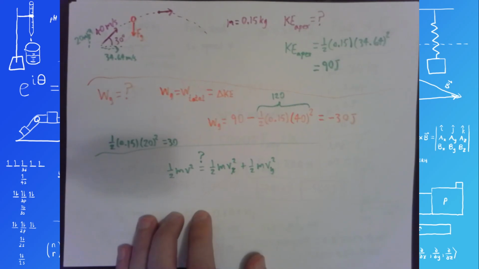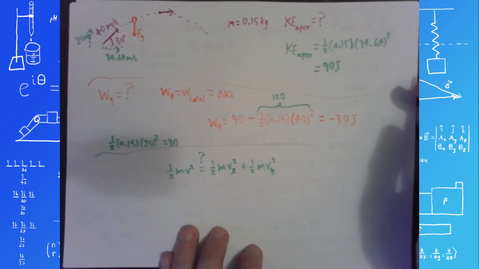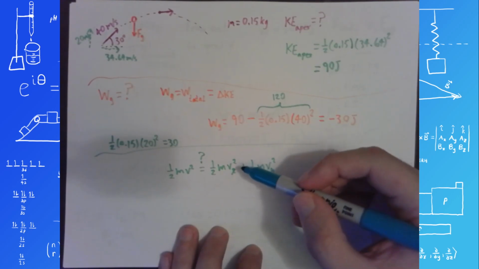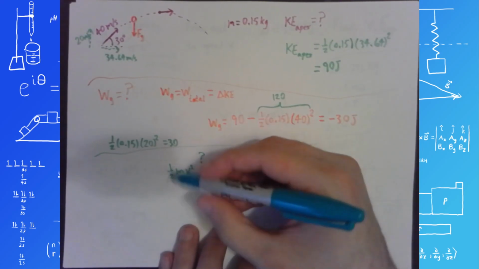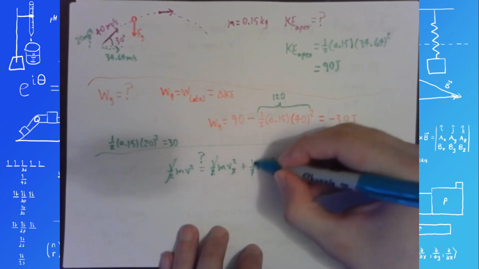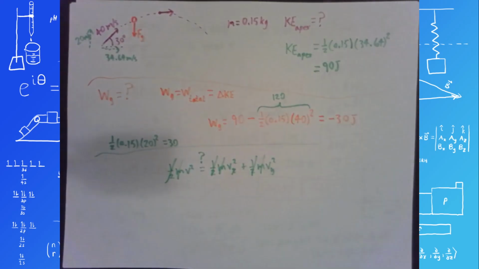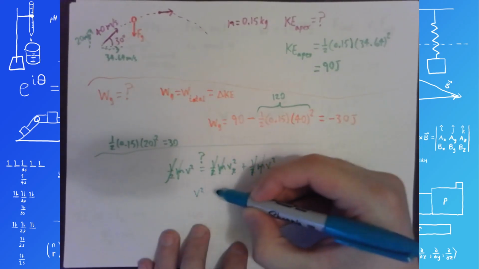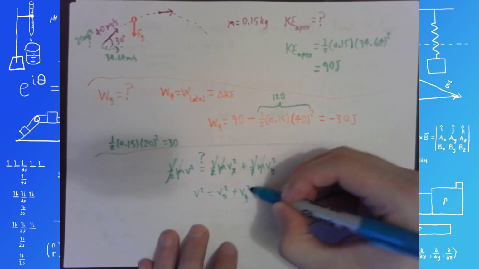Well, I can cancel out the 1/2 everywhere and the m's, and that would leave us with v squared equals vx squared plus vy squared, which is true.